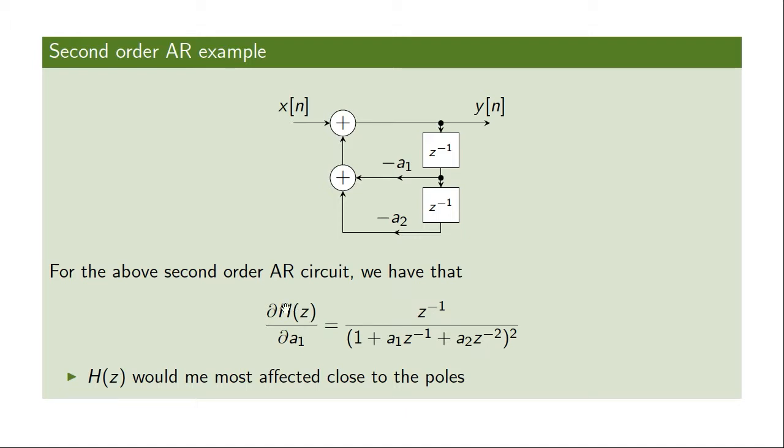So even if we look at the magnitude of this quantity divided by the original transfer function, which would be 1 over this polynomial. Since we have the square here, we would even see an increase in the relative sensitivity if we are closer to the poles. So in the next analysis we'll look at the sensitivity in particular of the poles with respect to these coefficients, and we'll see similar results there.